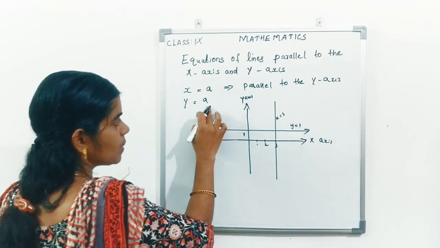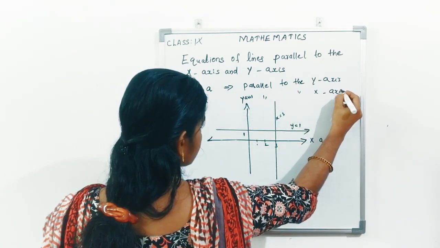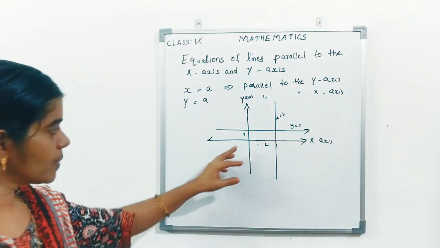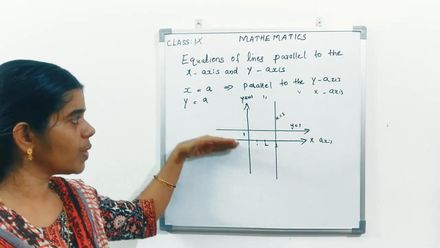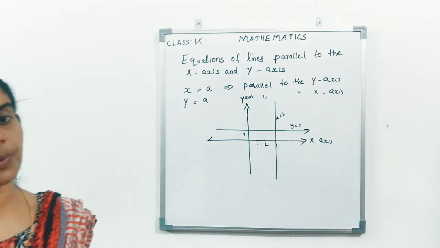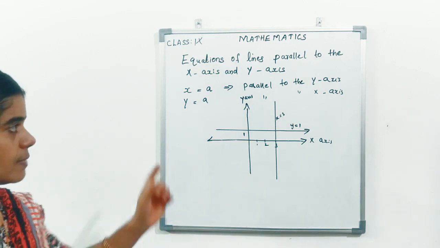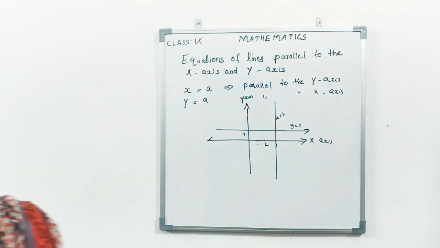Therefore, y is equal to a will be parallel to the x-axis. Through y is equal to 1 we draw the line, and that will be parallel to the x-axis. X is equal to any number will be parallel to the y-axis. Is it clear now? Next, we are doing one question. Solve the equation.